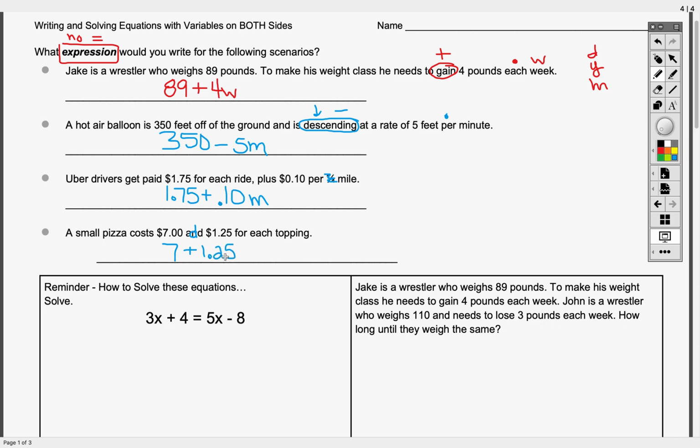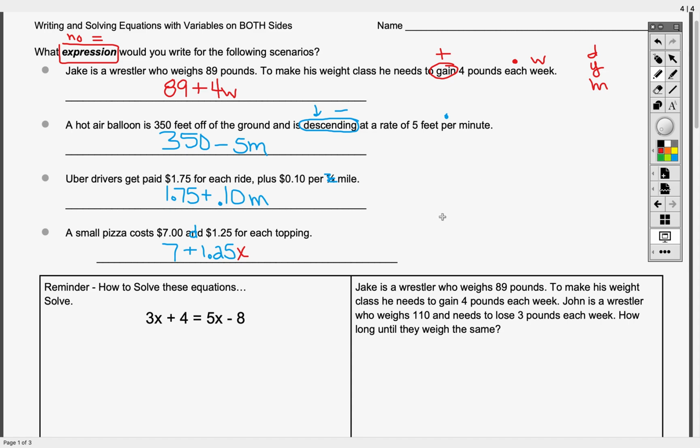Now, I typically say do not use the letter T. In fact, the variables that I tell you not to use are B, L, O, S, and T. And the reason why is because B looks a whole lot like a 6, L looks a whole lot like a 1, O looks like a whole lot like a 0, S looks a whole lot like a 5, and T looks a whole lot like a plus sign. So if we could just avoid those variables, that would be helpful. So does it really matter which variable you use? No, not really. I'm going to use an X.